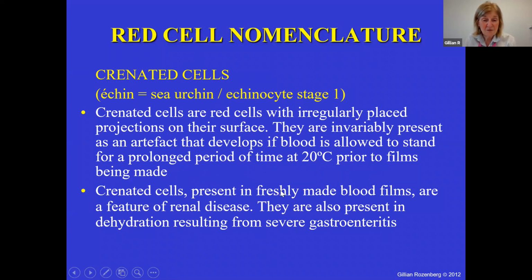Crenated cells present in freshly made blood films may be a feature of renal disease. They are thought to be occasionally present in young children who have got severe gastroenteritis and are severely dehydrated. But that may not be 100% correct.